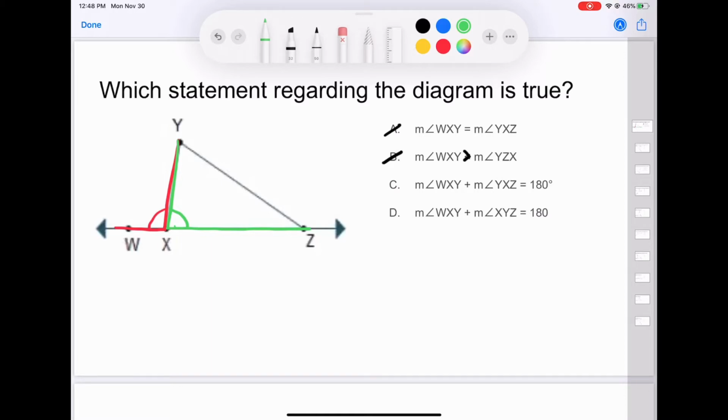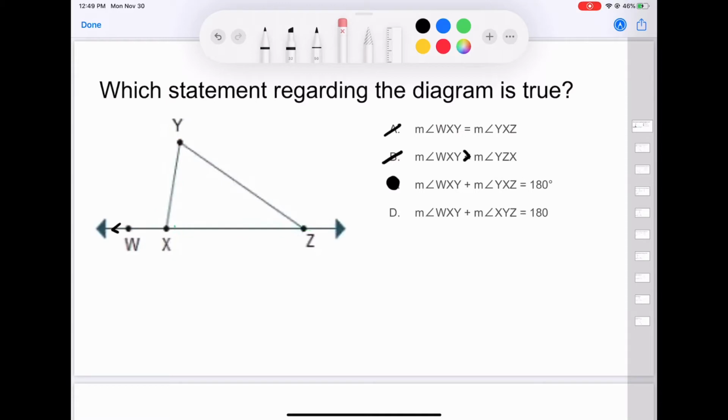Well, this is in fact true because these two angles are supplementary to each other. We know these two angles are supplementary to each other because they share that same line. Therefore, if we were to add those two angles together, we would need to get 180 degrees, thus making C our correct answer.